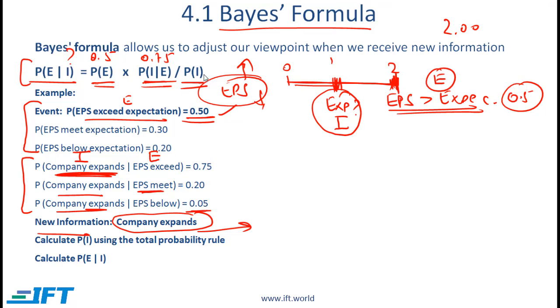To compute the unconditional probability, given several conditional probabilities, we need the total probability rule. So let us use it.